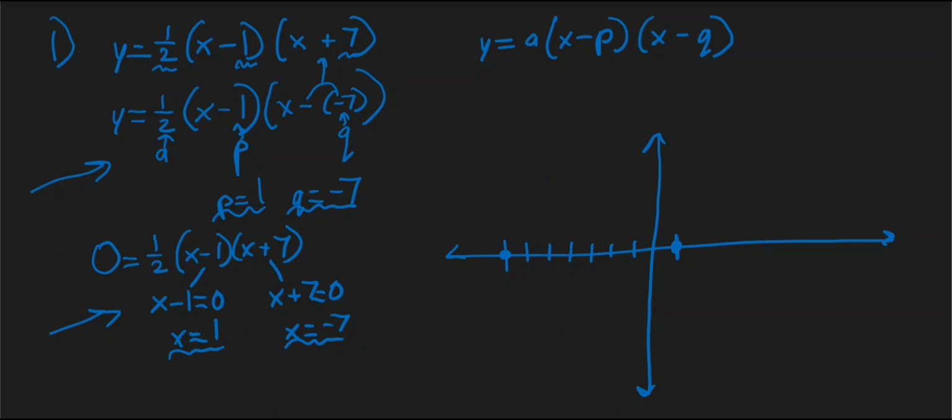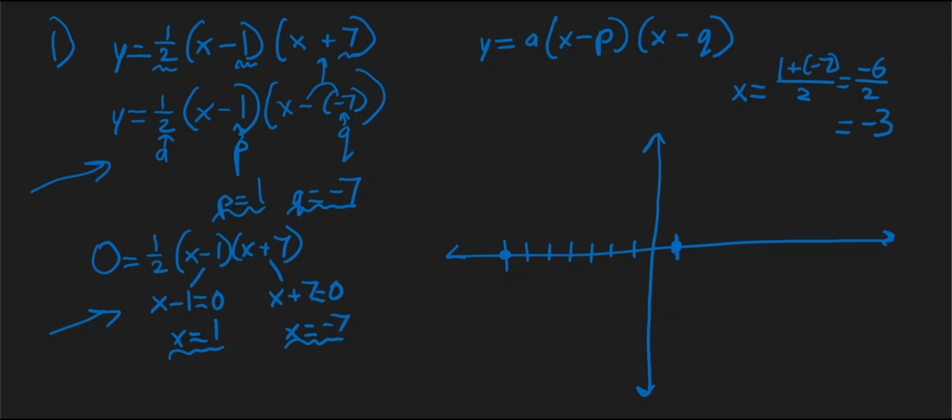To get the x value of the vertex, I'll put the work here. You want to get the average between 1 and -7, so it should be the sum of 1 and -7 divided by 2 to get their midpoint. 1 plus -7 would be -6, and -6 divided by 2 gives us -3. So we know that the x value for the vertex would be -3.